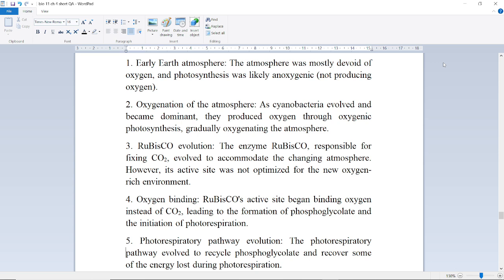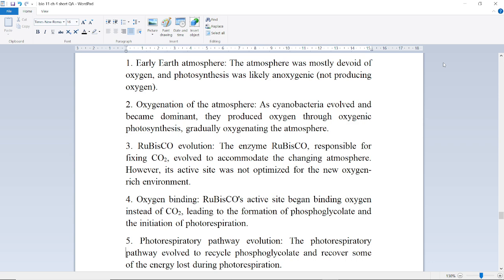Rubisco evolution. The enzyme Rubisco, responsible for fixing carbon dioxide, evolved to accommodate the changing atmosphere. However, its active site was not optimized for the new oxygen-rich environment. Oxygen binding.